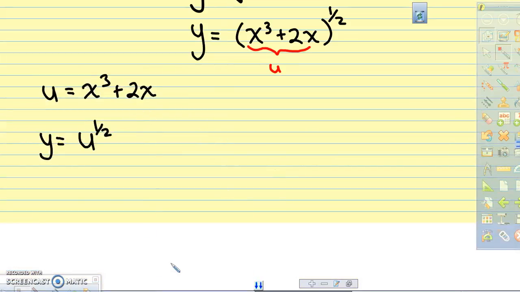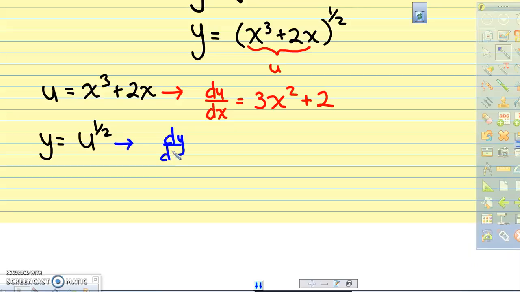So then du over dx is 3x squared plus 2, and dy over du is equal to 1/2 u to the negative 1/2.